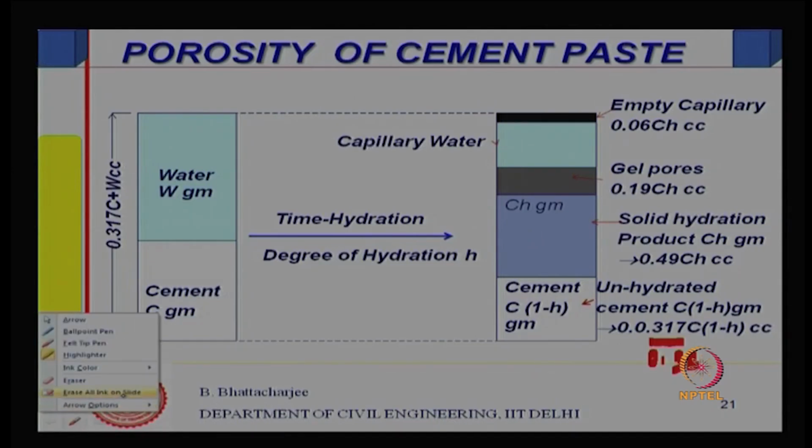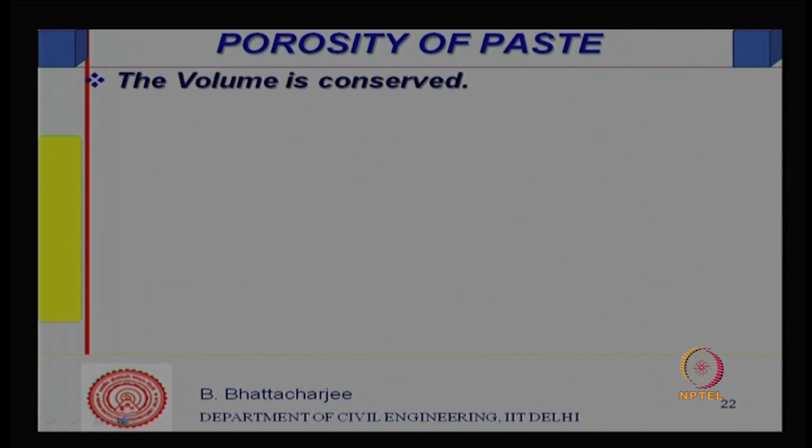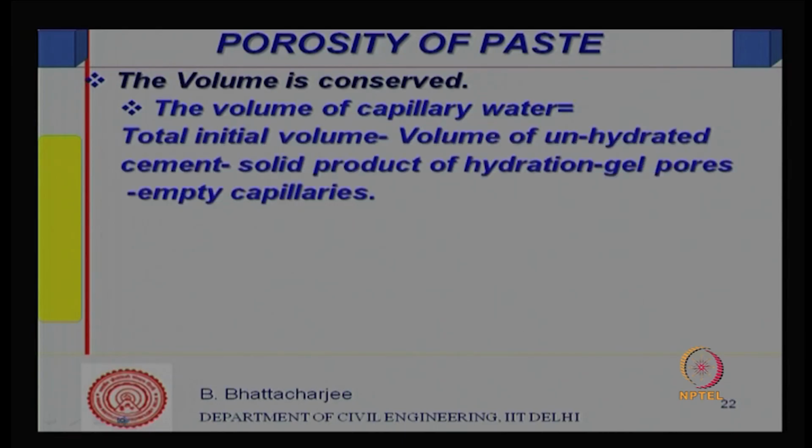Therefore, using these concepts I can calculate the porosity of the paste. Since the volume is conserved, the volume of capillary water will be the total initial volume minus the volume of unhydrated cement and empty capillaries. I can find the capillary water volume because the initial total volume is known and the other component volumes are known, so I subtract them.